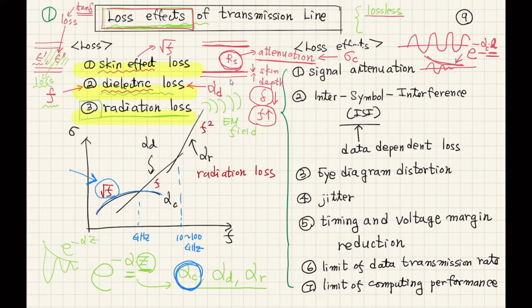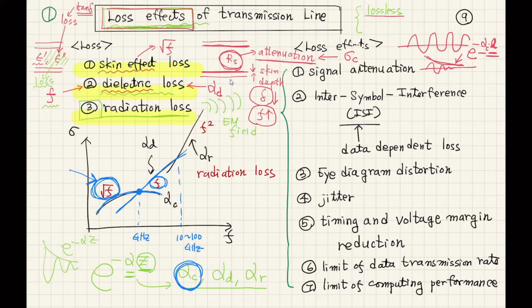But meanwhile, as I mentioned in the previous explanations, conductor loss is proportional to the square root of frequencies. Meanwhile, dielectric loss is proportional to frequencies. So because of that, there's a crossover frequency near gigahertz frequencies. That means below gigahertz frequencies, skin effect loss is more dominant.